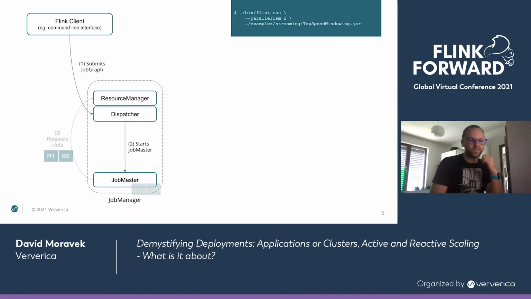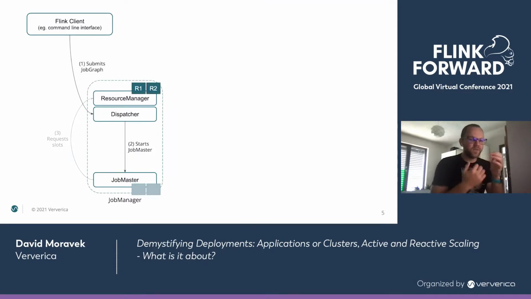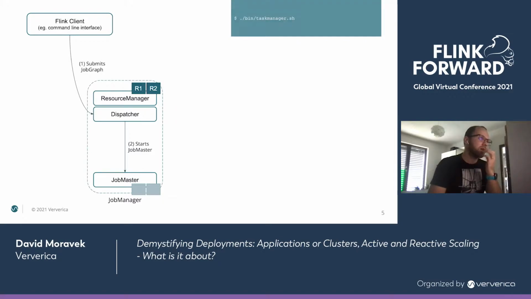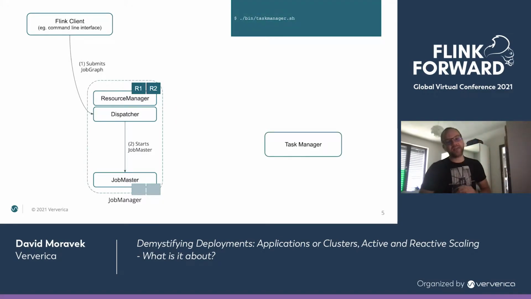So it will request 2 slots from the resource manager. Now we have a little problem because our resource manager doesn't have any slots available. So it just needs to keep track of these slot requests and wait for some resources to pop up in later stages. So what we have to do right now is to start another process that we call Task Manager.